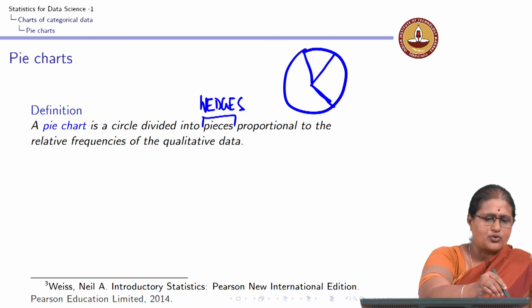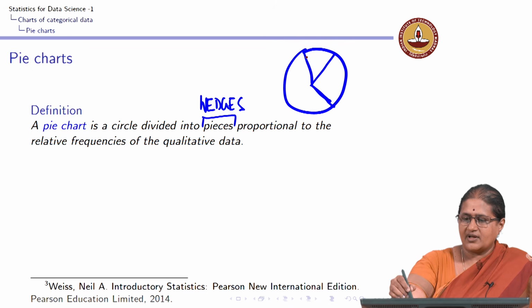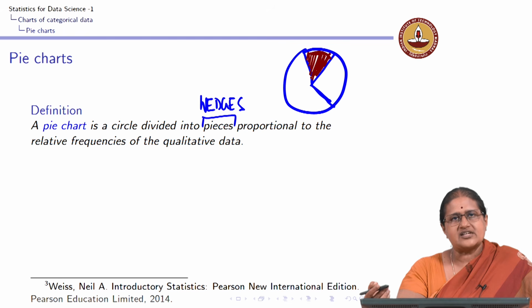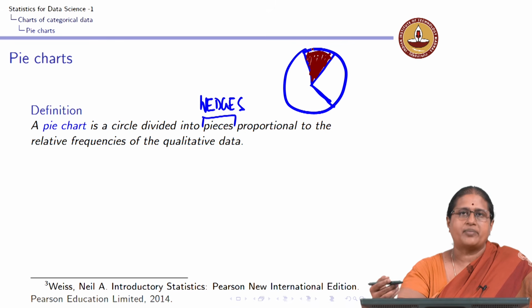Now, this particular portion is a wedge. Again, another reason why it is called a pie chart is, if this is a pie, this shaded portion is basically a share of a pie or a piece of a pie.